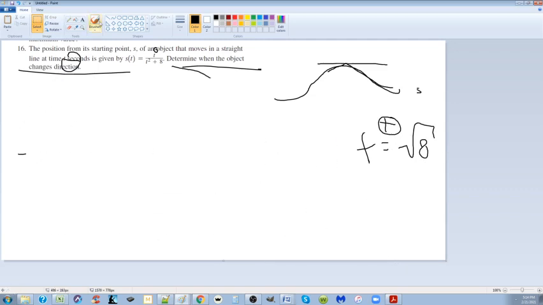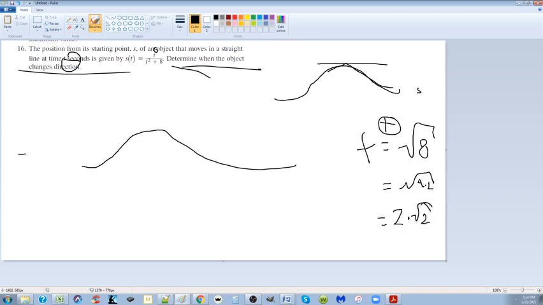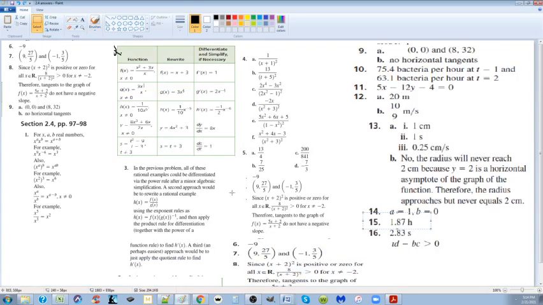It hits its maxima. It goes up and then changes directions. And if you look at it, square root of 4 times 2 is the same as 2 seconds times square root of 2. That's about 1.41. So that's around 2.8 seconds or so. And let's see what our answer is. Yeah, they gave it even further, 2.83.